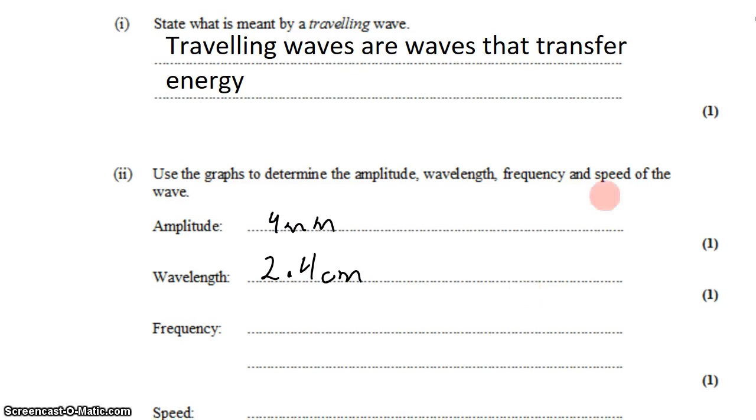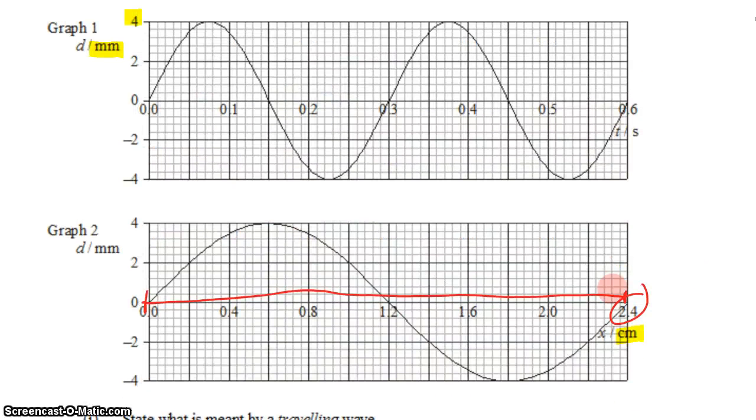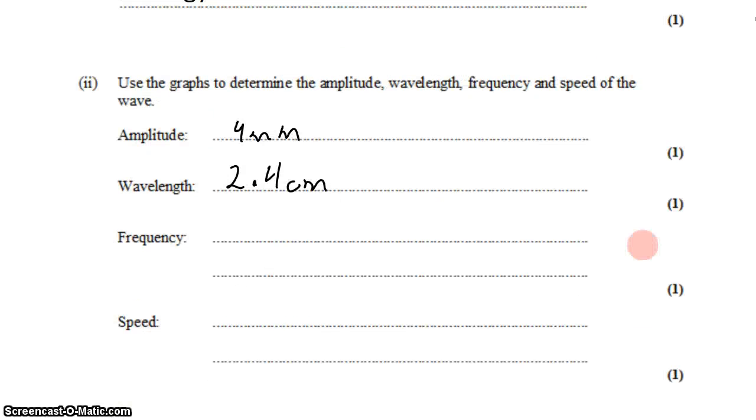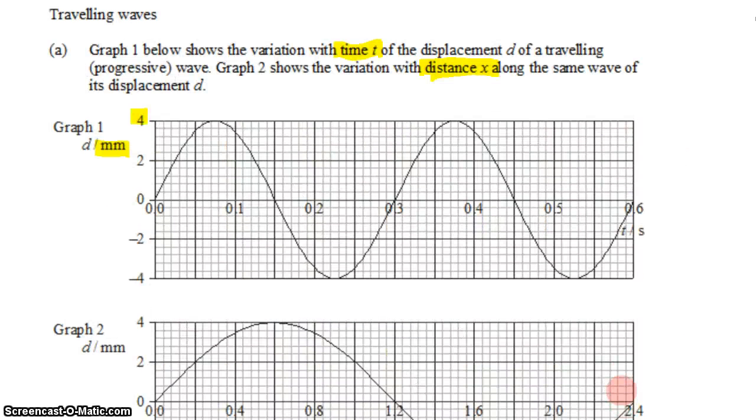Next, we want the frequency. The frequency is not something that we can read off the graph directly, but it does come from graph 1 in the time domain, because we know that frequency is equal to 1 divided by the period. So we just need to find that period. The period is the amount of time that it takes for one copy of motion to occur, so that's all the way out to here.